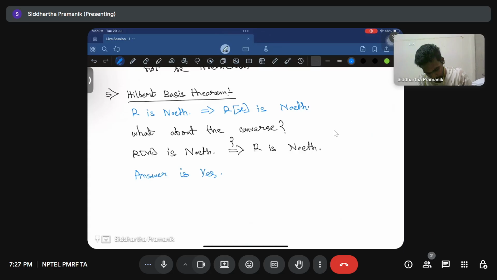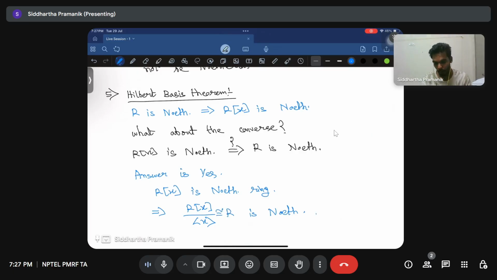If R[x] is a Noetherian ring, then any homomorphic image or any quotient of R[x] is Noetherian. So if you take the quotient of R[x] by the ideal generated by x, this is Noetherian. But this is isomorphic to R. So R is Noetherian. So the converse part is very easy. The converse of the Hilbert basis theorem is true. One should know this.